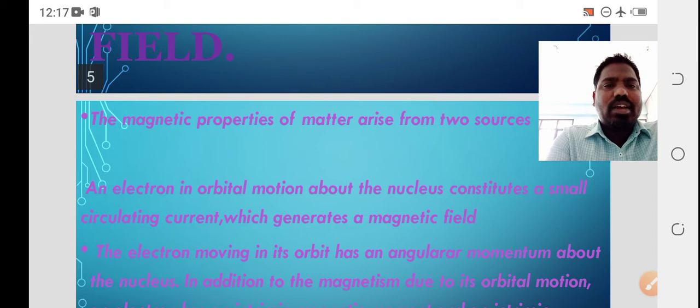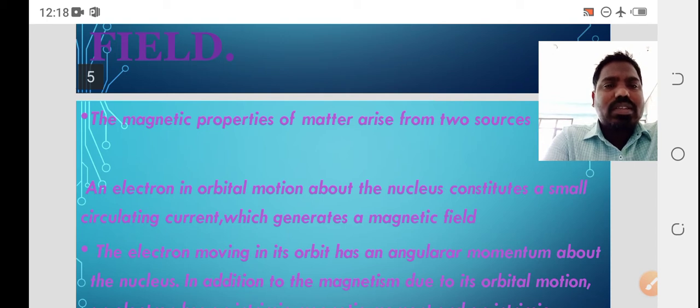An electron in an orbital motion about the nucleus constitutes a small circulating current.